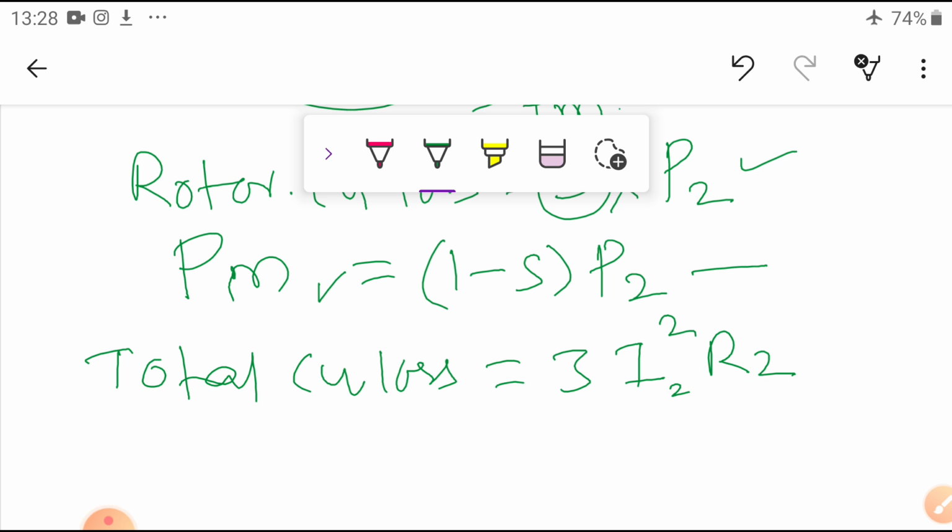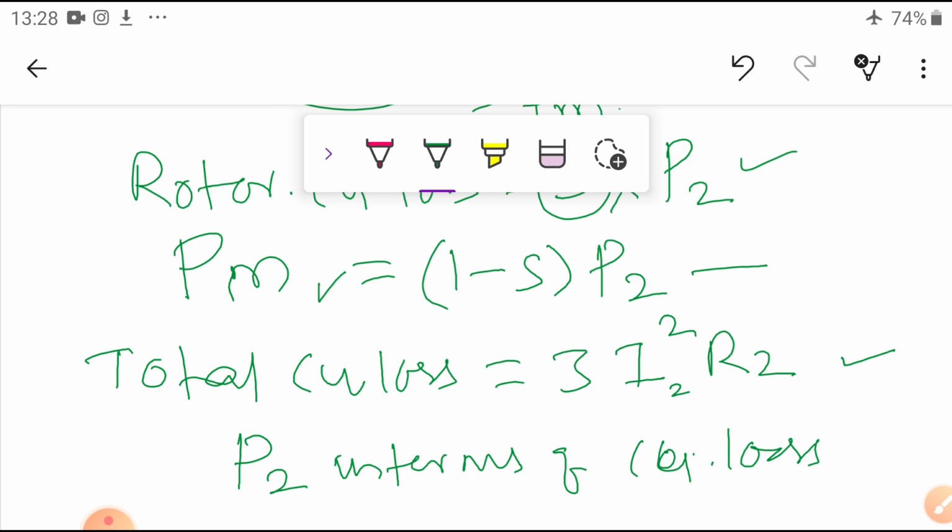Now I want P2 in terms of copper losses. What is the relation between P2 and copper losses?